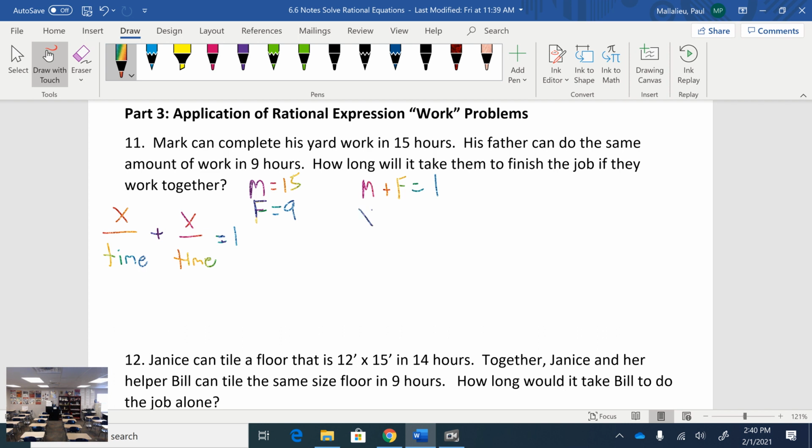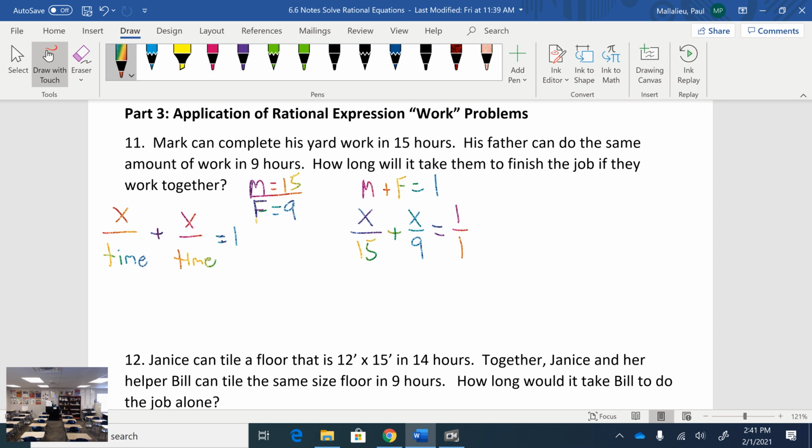So what we'll have is x over time, and we said that Mark was 15, plus the father, which is x over his time, which is 9 hours. And they have one job to do, which is to finish the yard work. They're working together in this case because we're adding their capability together. So what we're looking to find is the least common denominator for 15 and 9.